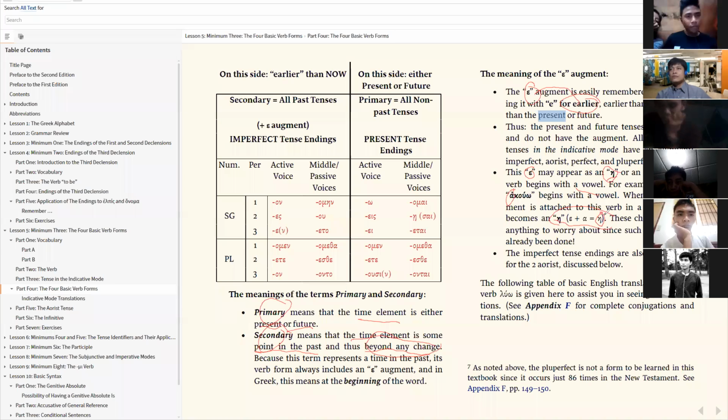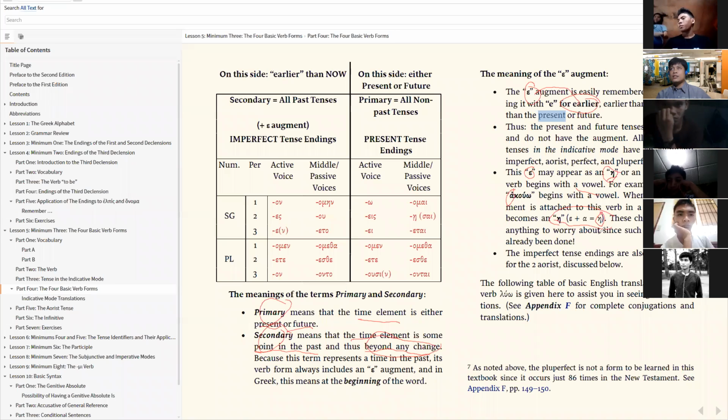When you get married to somebody else, you are the epsilon, the augment, and your wife is the alpha, the beginning. When you put yourselves together, you become eta. You become one.